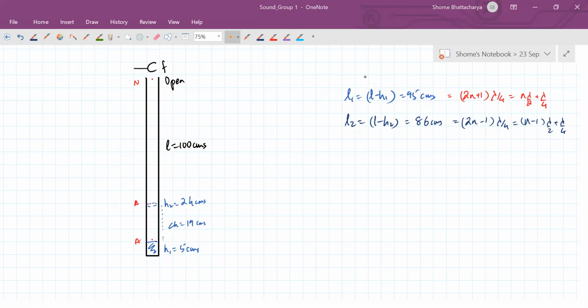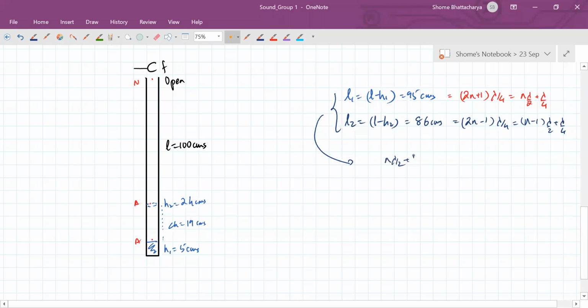So from this data you can understand that you just subtract these, n lambda by 2 plus lambda by 4 is 95, n minus 1 lambda by 2 plus lambda by 4 is 86. What you can see in the diagram directly, that this space of delta H, which is 19 centimeters, is occupied by lambda by 2. So lambda is 38 centimeters.